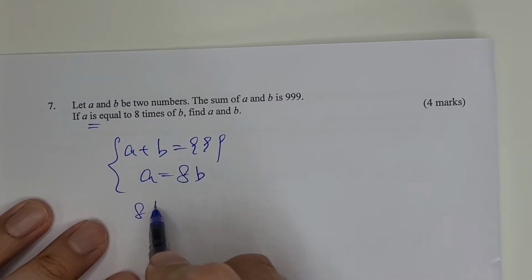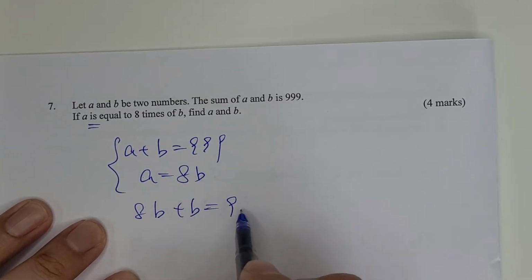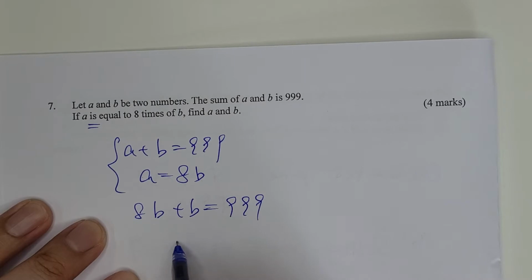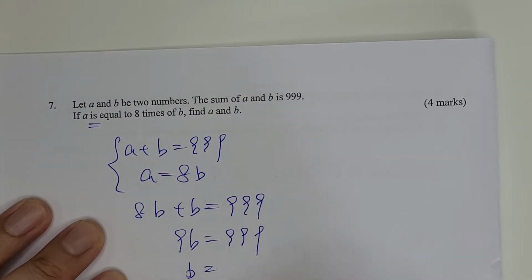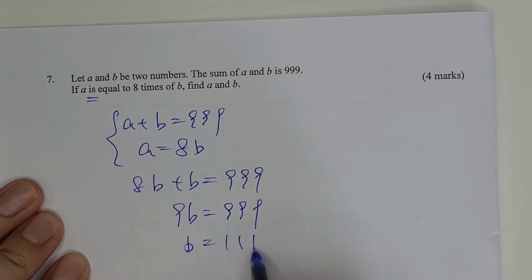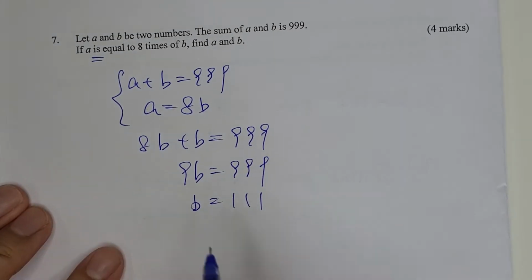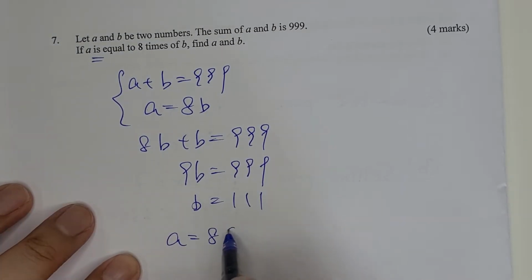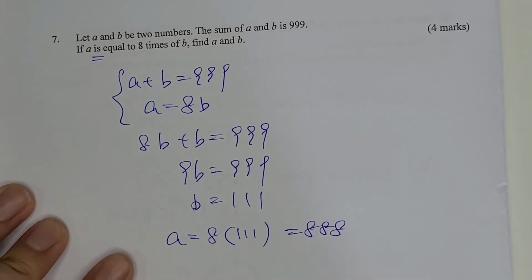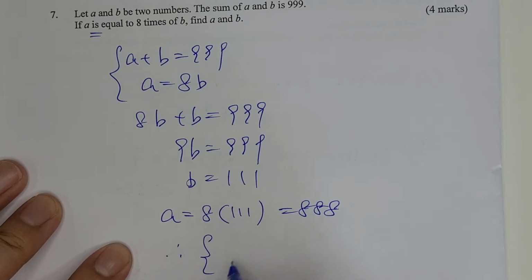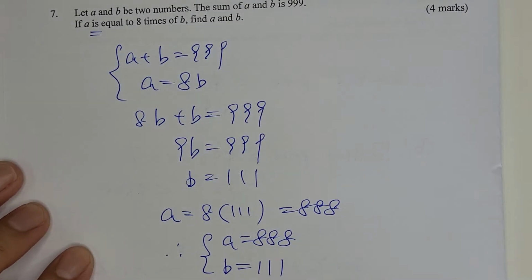So 8B plus B equals 999. 9B equals 999 and B equals 111. So A will be 8 times 111, that is 888. So final answer, A is 888, B is 111. So that's the end of question number 7.